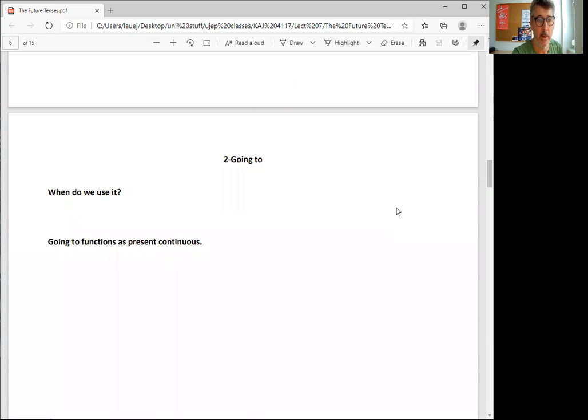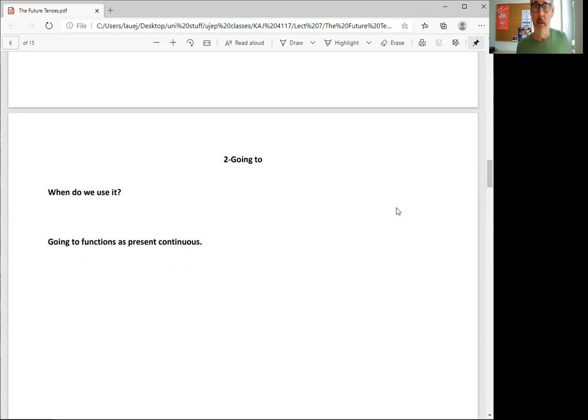Now, of course, we want to talk about when we use it. The first thing I want to say is that going to does function as present continuous grammatically, because the structure of it is the verb to be plus going to: he or she is going to, we are going to. So the grammar is the same.